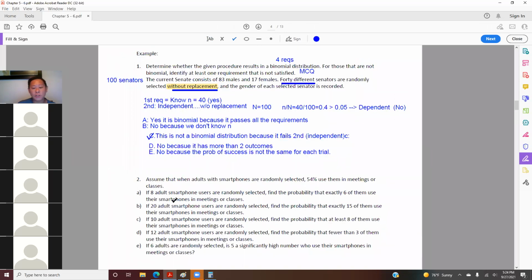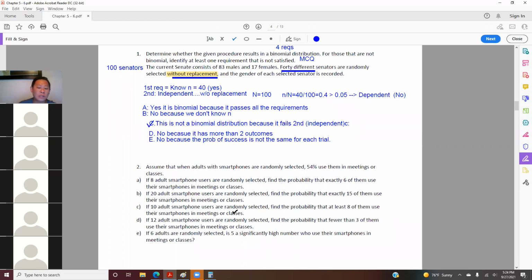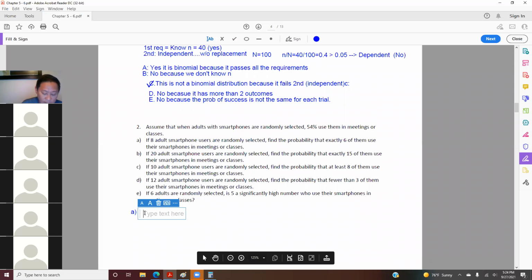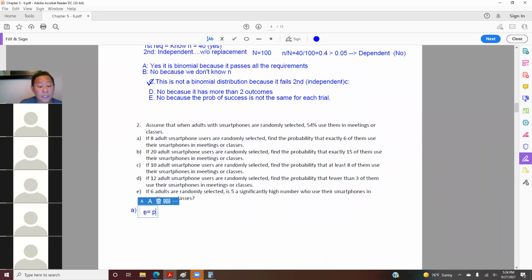So question 2, this is the one that you will get as an open-ended, means you have to do a lot of work. So what you need to do here is read the question. And on question A, can someone tell me what is your N, what is your P, and what is your X?